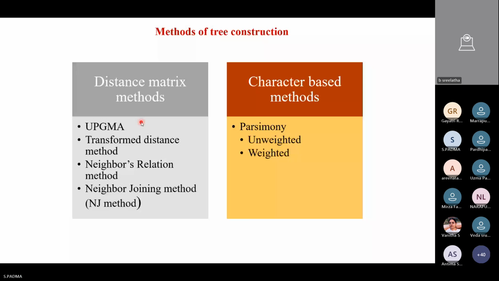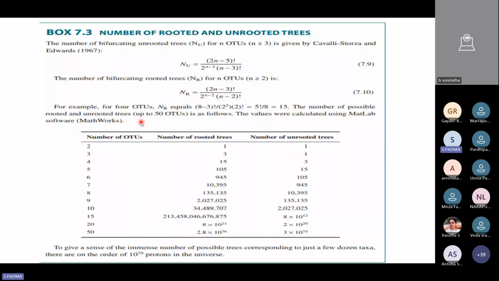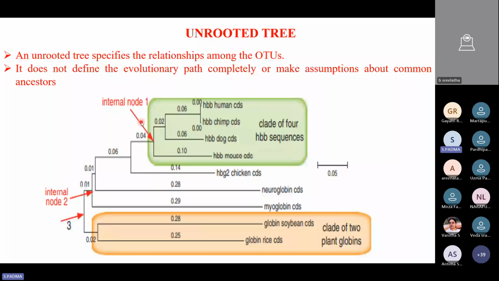The next distance matrix methods are the neighbor relation method and the neighbor joining method. These are deciding upon distance between the nodes. If you take the nodes, this is a node, this is a node, this is a node, like this.